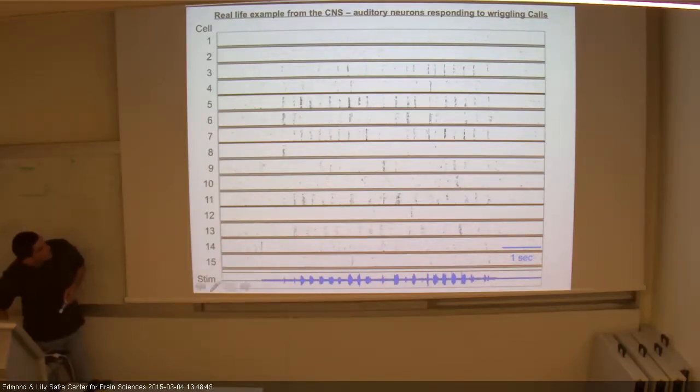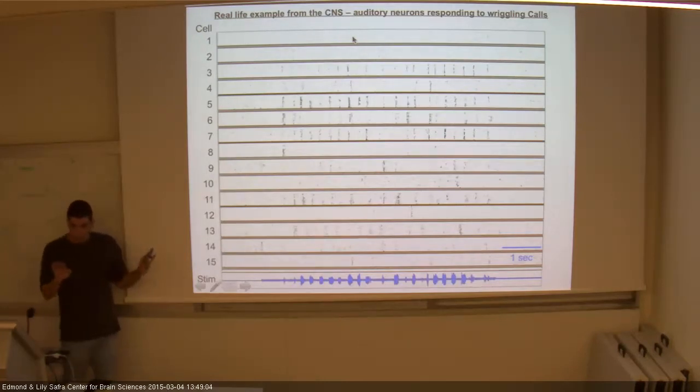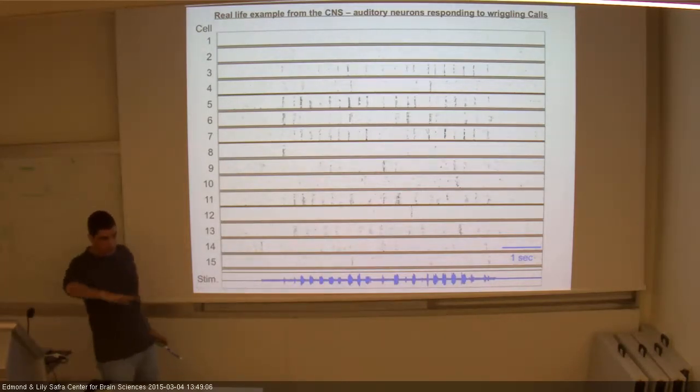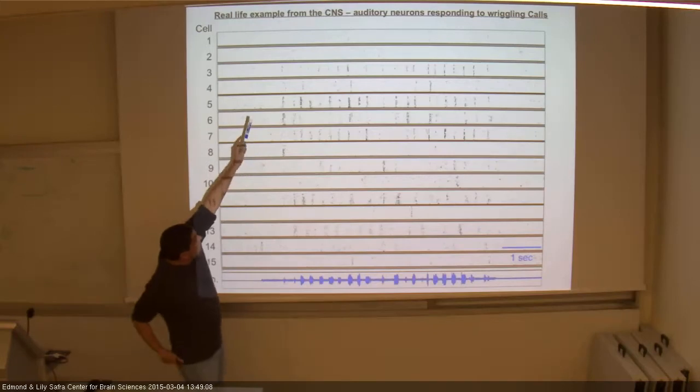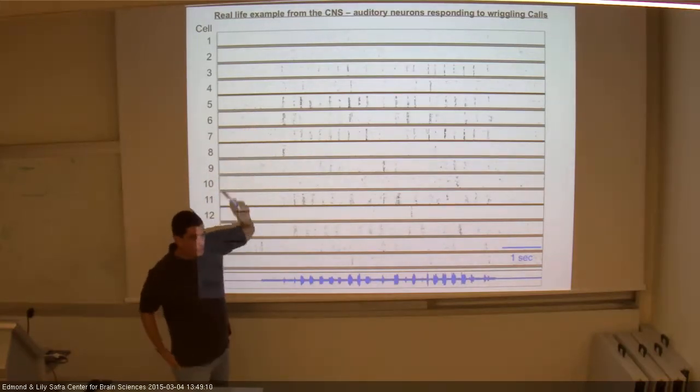Okay, look at the top neuron, neuron number 1. Responding very, very sparsely, only to this syllable and this syllable. And all the rest is completely quiet. The spontaneous firing rate is 0, and it responds to these syllables with, I don't know, 20% probability.